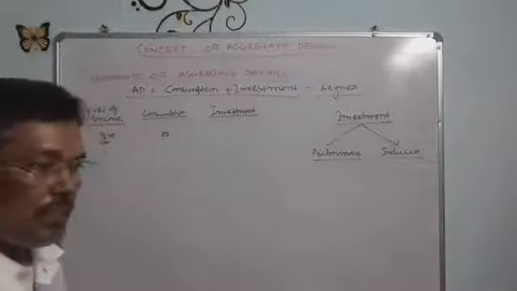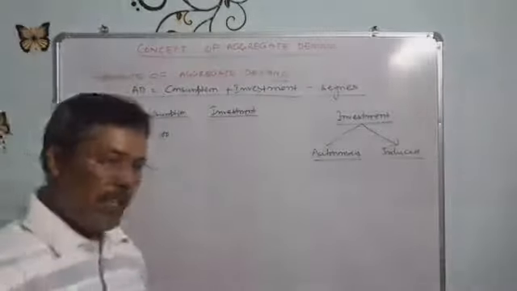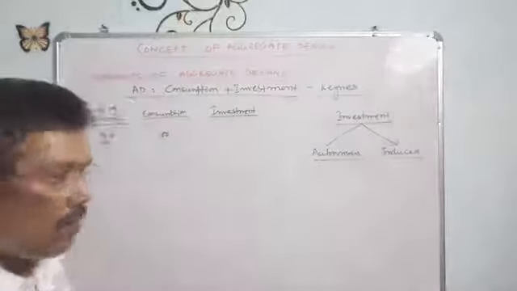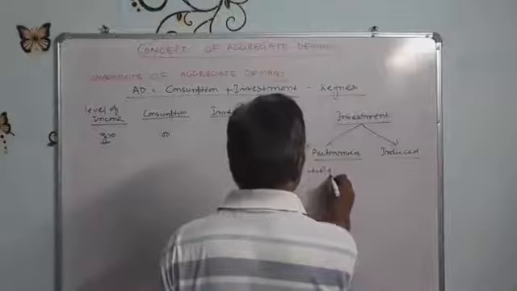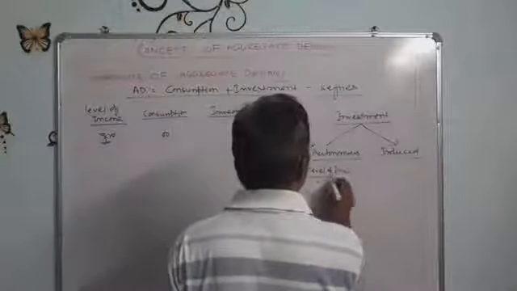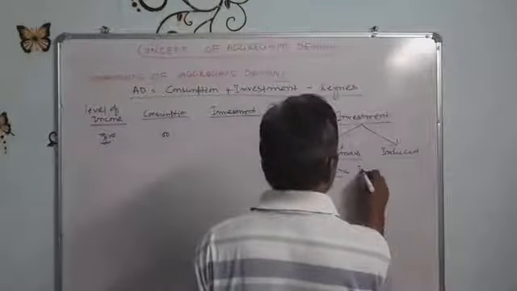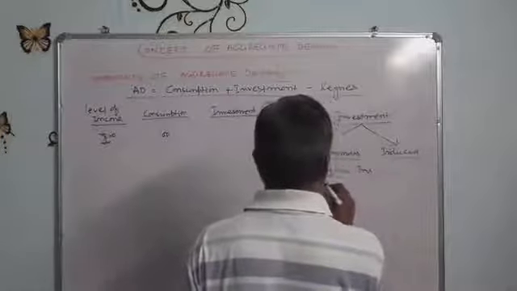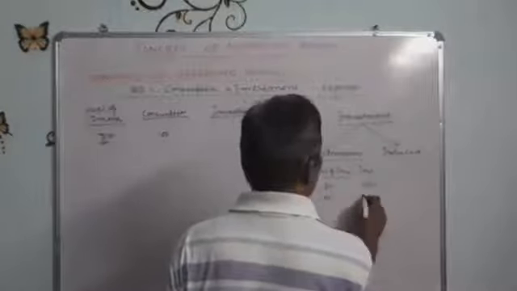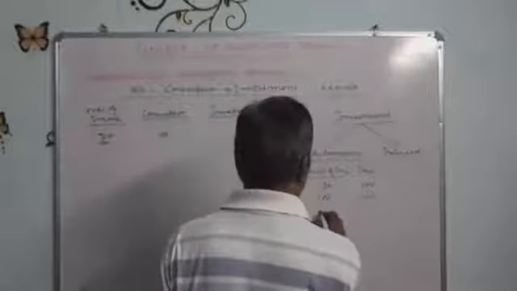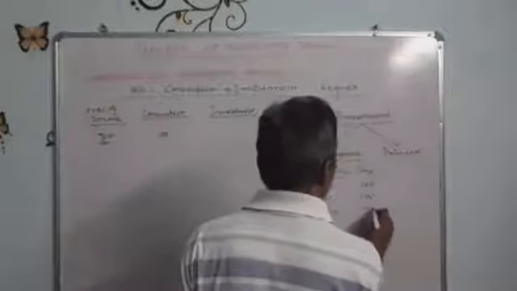What is autonomous investment? Whatever may be the income, the investment will remain the same. Suppose level of income is zero, investment is 100. Level of income is 100, investment will also be 100. Level of income is 200, investment will be 100.